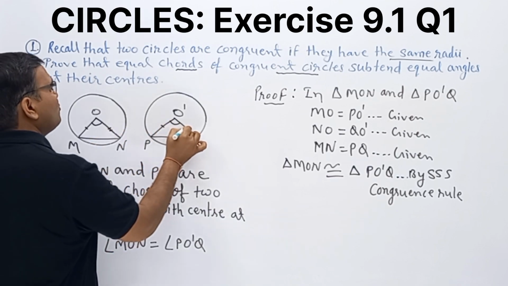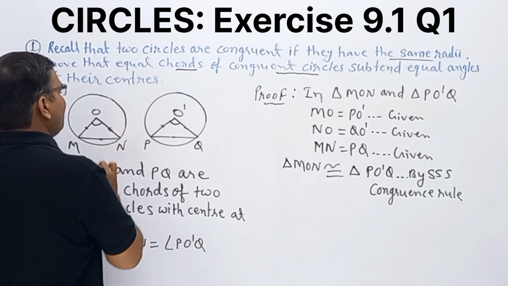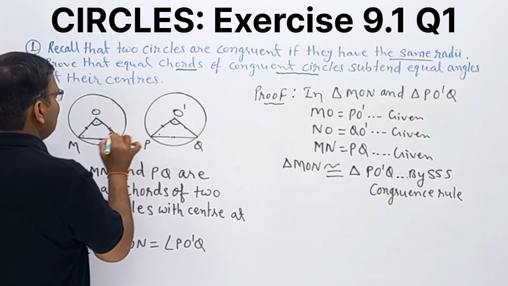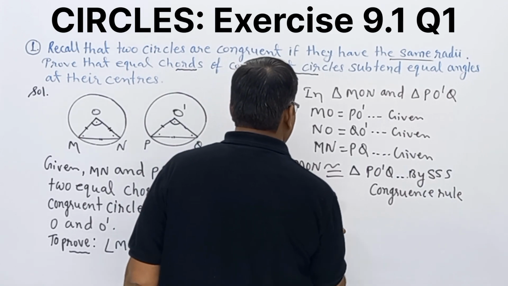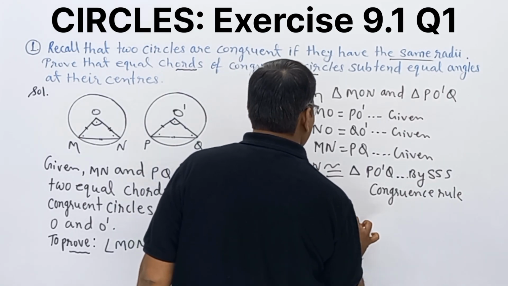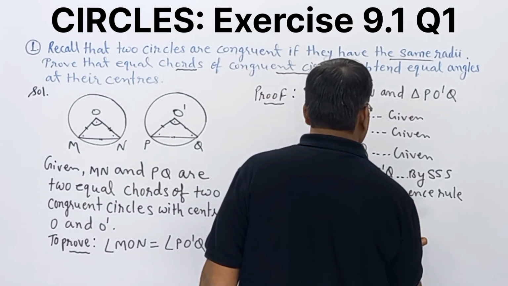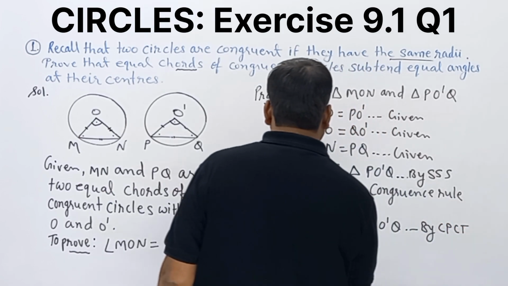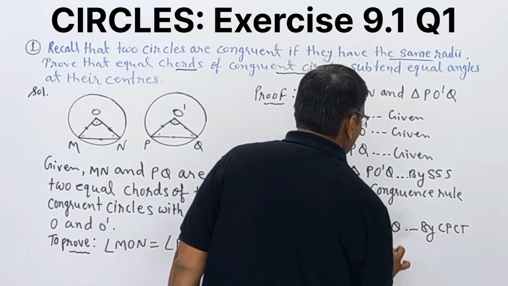So this angle equals this one, and so on. So angle MON equals angle PO dash Q by CPCT. Hence proved.